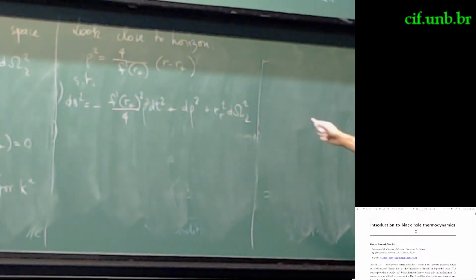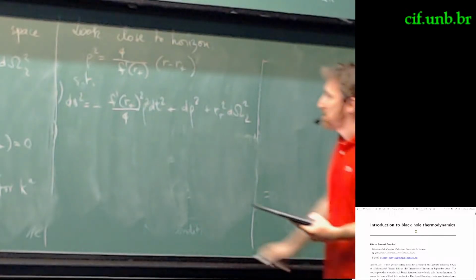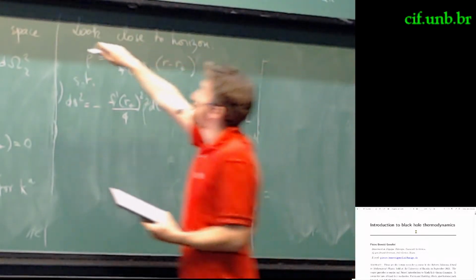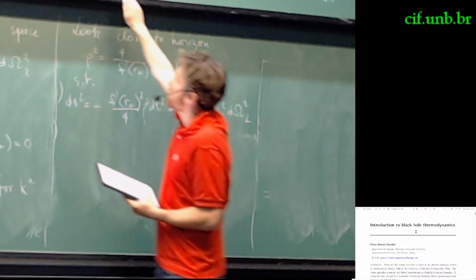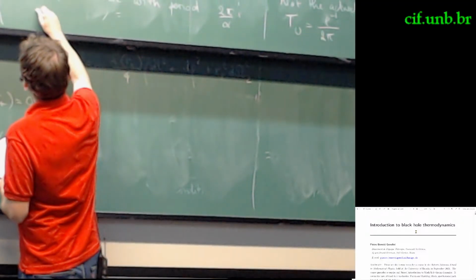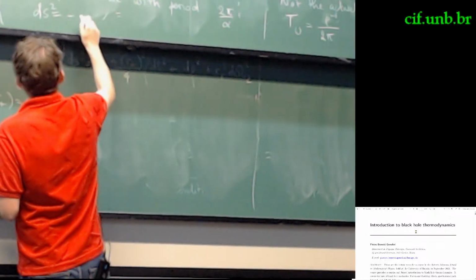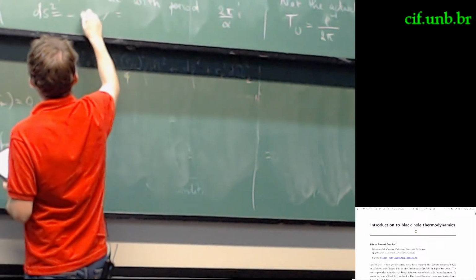So here I'm going near the horizon of the black hole, or near the Killing horizon defined here. Rindler space satisfies the same properties. I didn't write the metric in Rindler coordinates, but it's precisely this with an alpha.